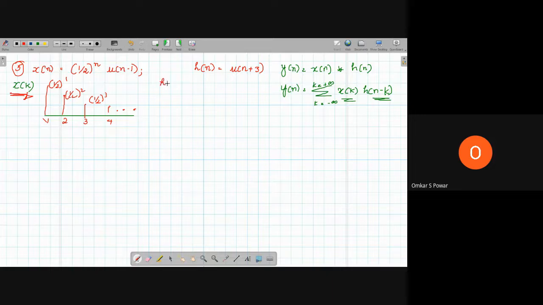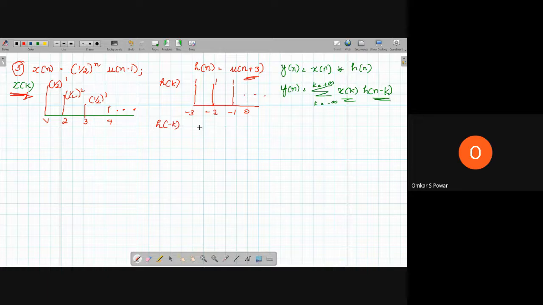So let us plot first h of k, then h of minus k and h of n minus k. Then same thing, two cases. Okay. h of k, how can we plot? It starts from n is equal to minus 3, because here it is there minus 2, minus 1, 0. So what's the magnitude? 1. Then what we want? h of minus k.